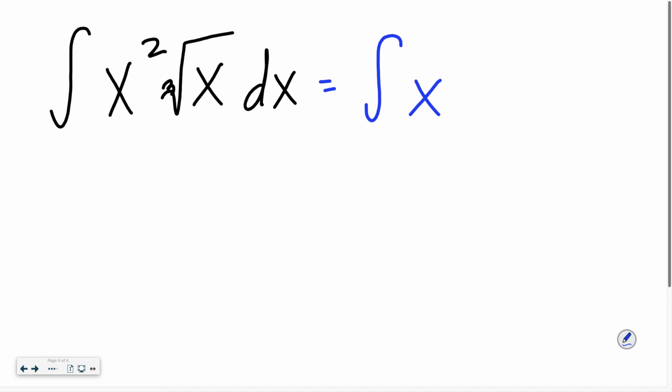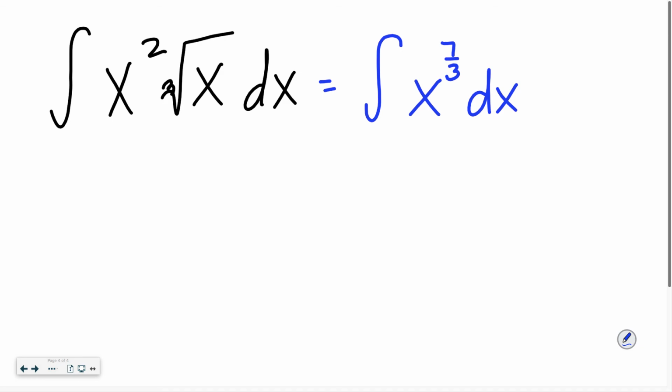This is x squared. Sloppy square root. It'd be 2/3. No, it would be 7/3. You add. We have to add. So 2 plus 1/3 is 7/3. Correct.